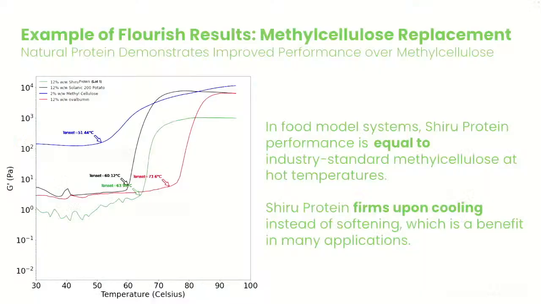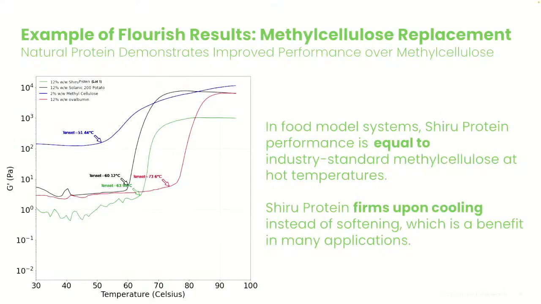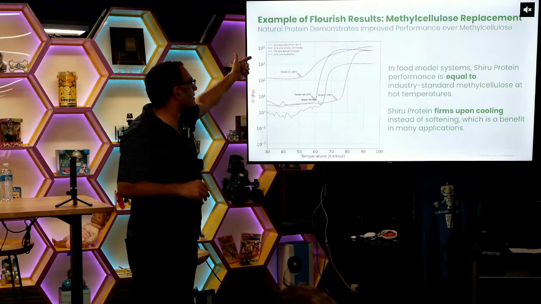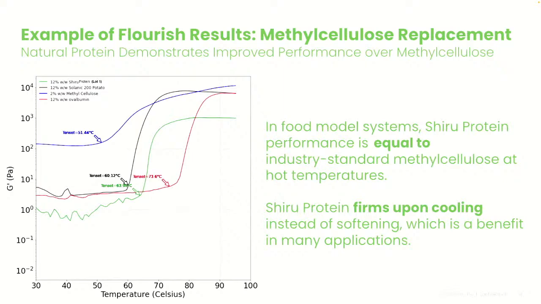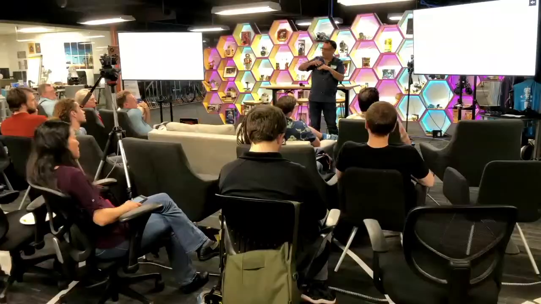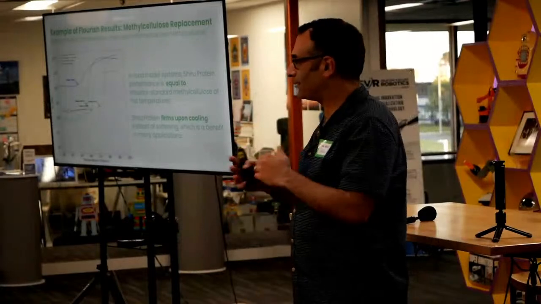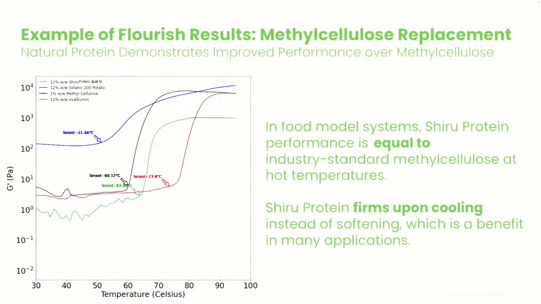On the x-axis is temperature, and the y-axis is storage modulus, which is essentially what happens to the stiffness of the protein, in very general terms. Once you heat it up, it becomes more firm. The methylcellulose is the blue line, and our Shiru protein is in green. The question is what happens when you cook something? You need it to start being stiff at a certain temperature, and this needs to correspond with the requirements of whatever company wants to replace methylcellulose with a protein product. And this is what we have found.